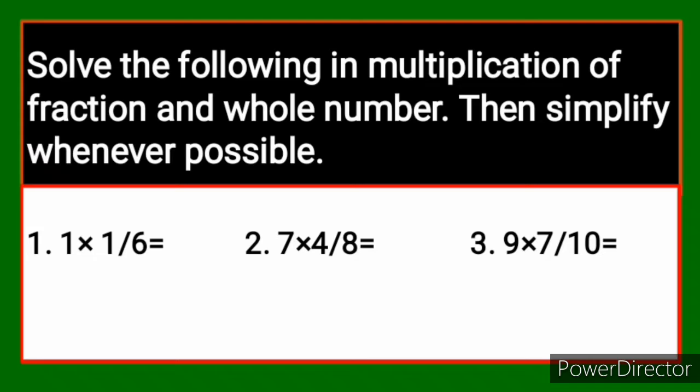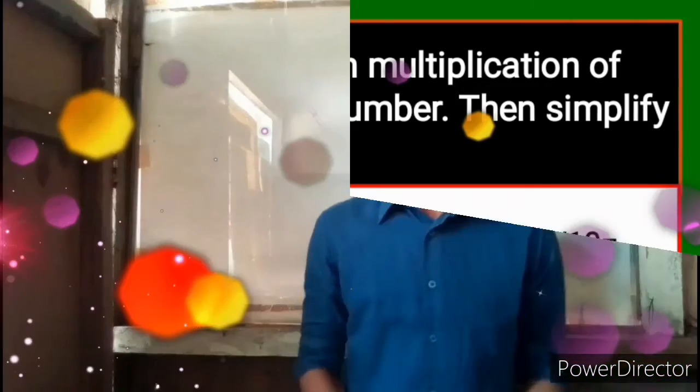Number 2, 7 times 4/8 is equal to blank. Number 3, 9 times 7/10 is equal to blank. Are you done answering? So let us check your answer. Now let us check your activity.